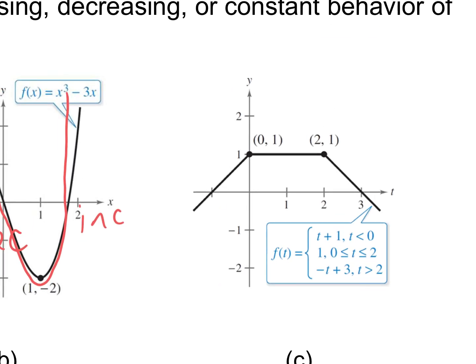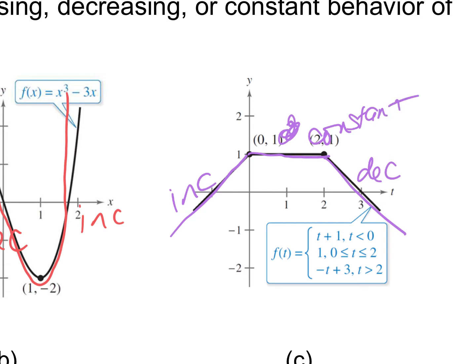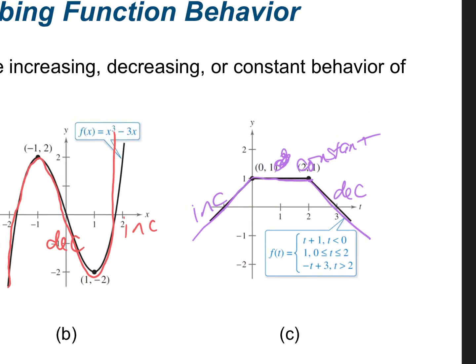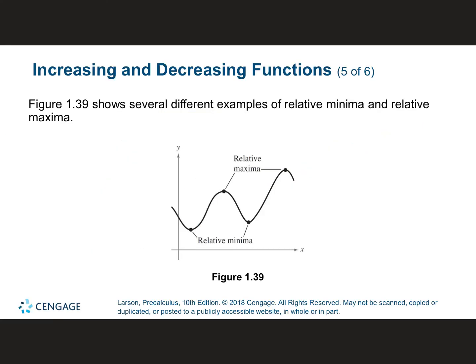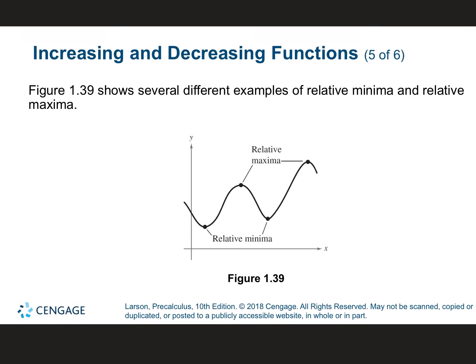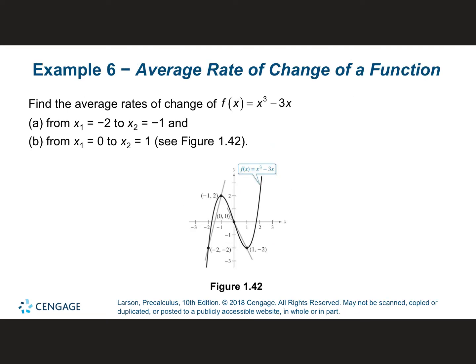So this one is perfect. Increase, decrease, constant. Good. All right. Relative minimum and maximum. We've already discussed that. We're good to go.